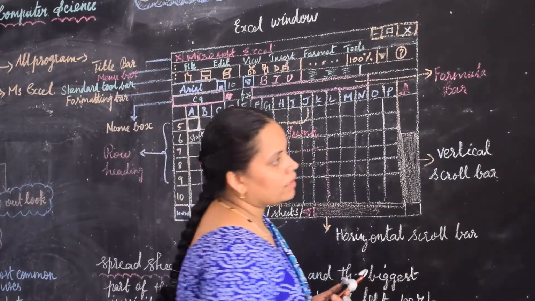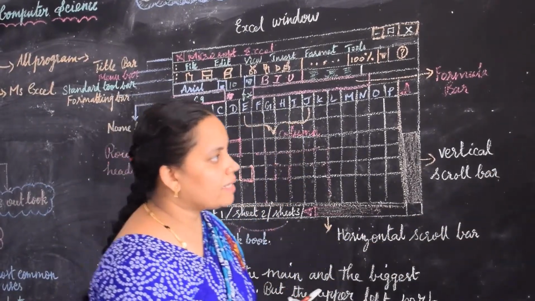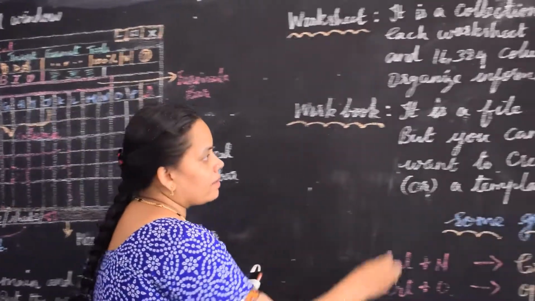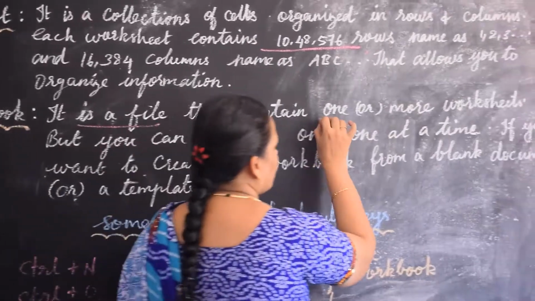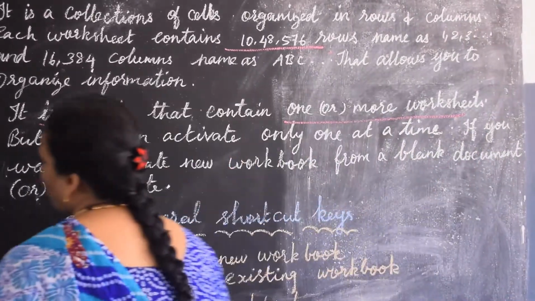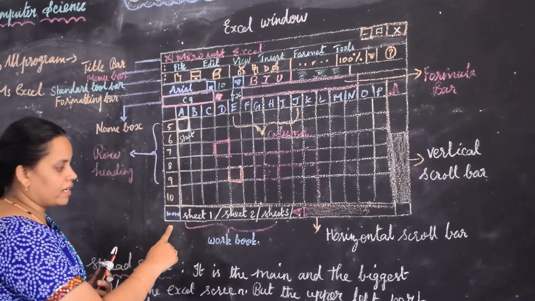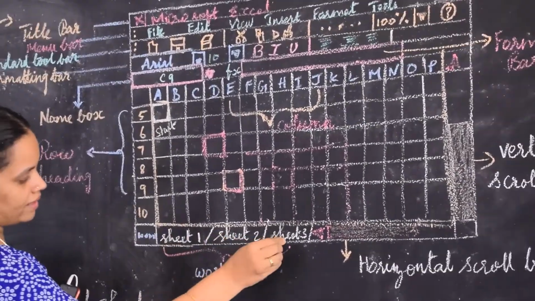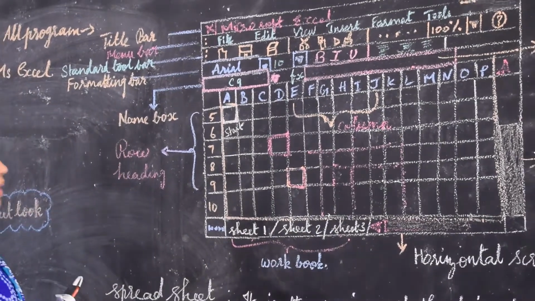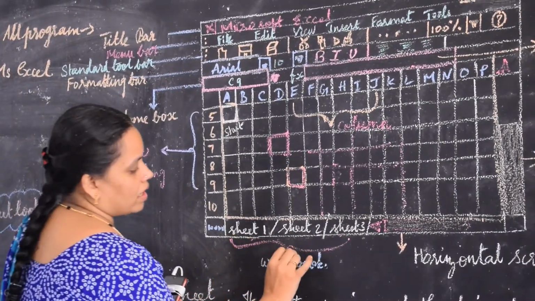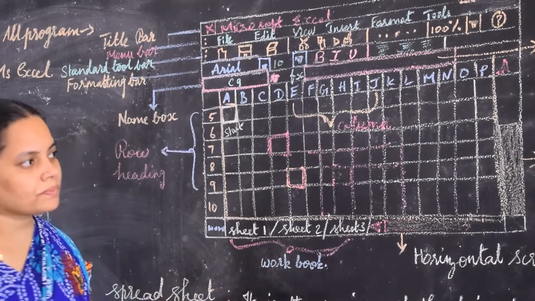The next definition is the workbook. A workbook is a file. It contains one or more worksheets. See the bottom of this spreadsheet screen. See, a number of sheets are here: Sheet 1, Sheet 2 and Sheet 3. So one or more worksheets are called a workbook.